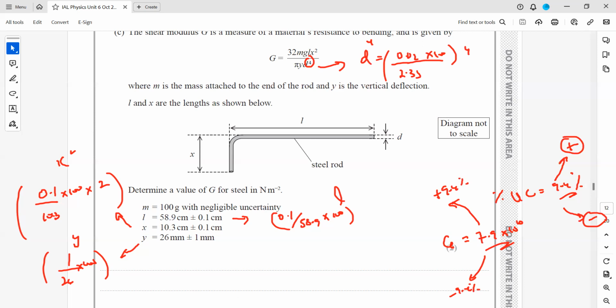So just work out the maximum and the minimum, and you will get the range for the value of G: what could be the upper limit of G, and what could be the lower limit of G. After working out the upper and lower limits, compare with these two values of G.